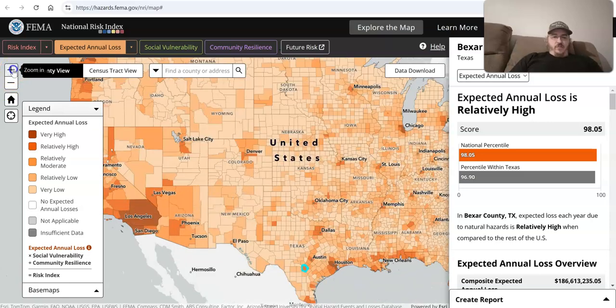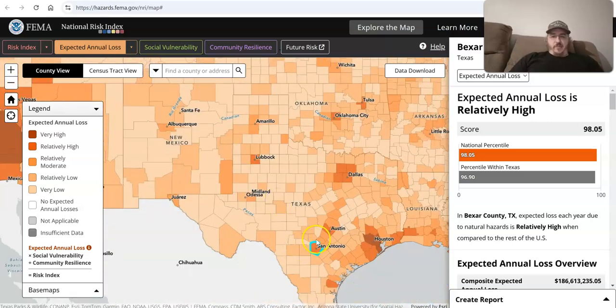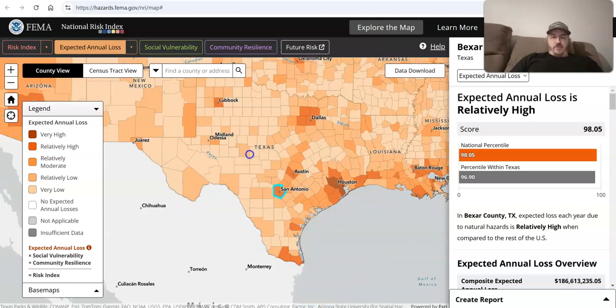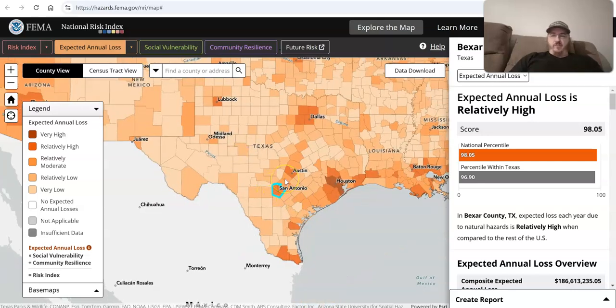But it's also not completely accurate, because what it's showing is there's more risk of loss because there's more to lose in those areas, right? It's not as if as soon as you leave Bexar County, which is where San Antonio is, there's lower risk of natural disasters happening. They may still happen, but it's going to damage less property.